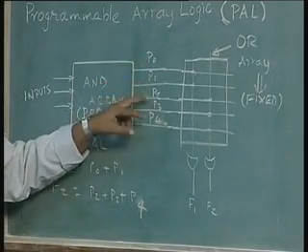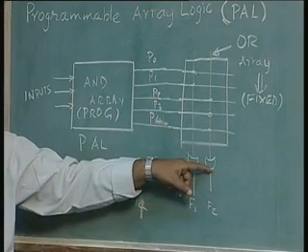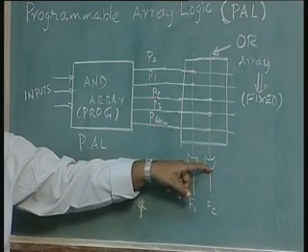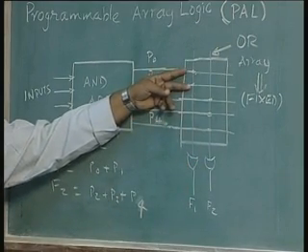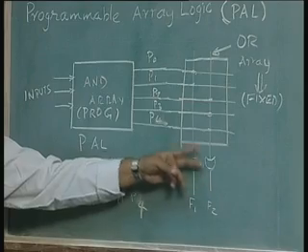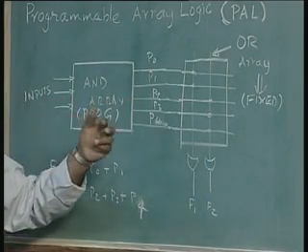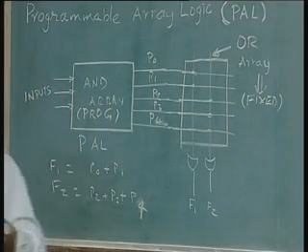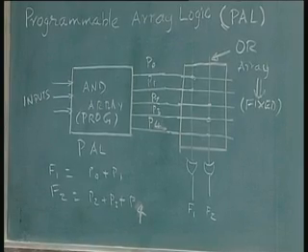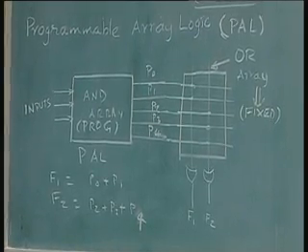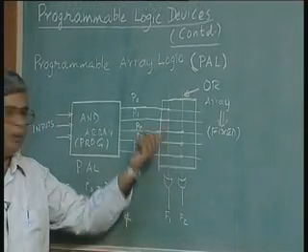Even if P2 and P0 are the same, I still have to generate it once for this and once for this. So, common product terms have no specific advantage, but since I want to reduce the number of inputs to this OR gate to 2, and to this OR gate to 3, my simplification will now depend on how efficiently I can reduce it. So, go back to the original Karnaugh map implementation, try to minimize the sum of product terms such that you have as few product terms as possible, so that they are within the input limits of the OR gate.